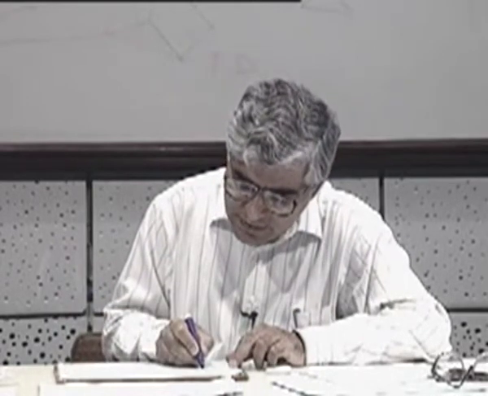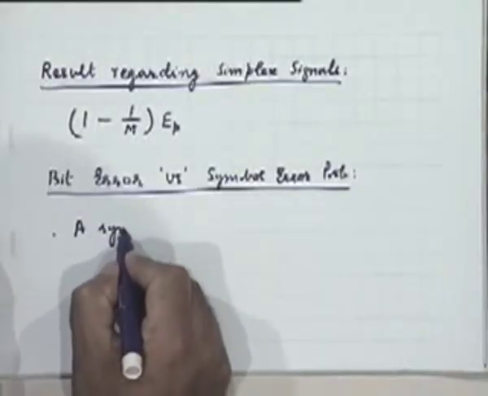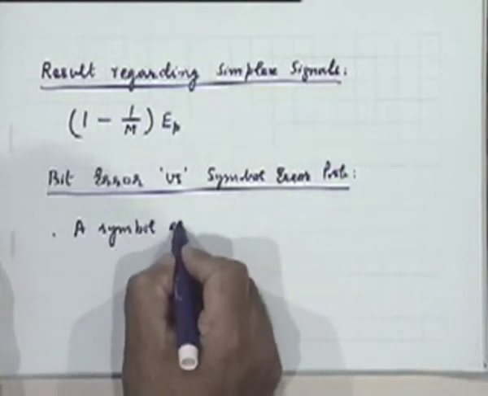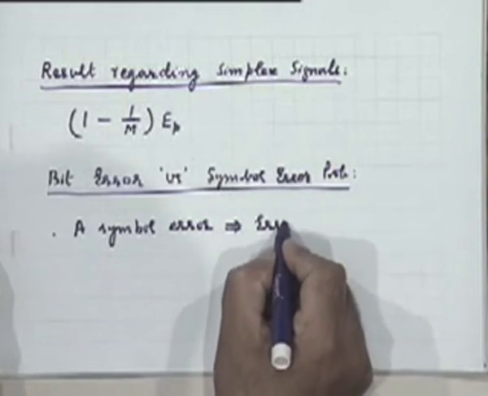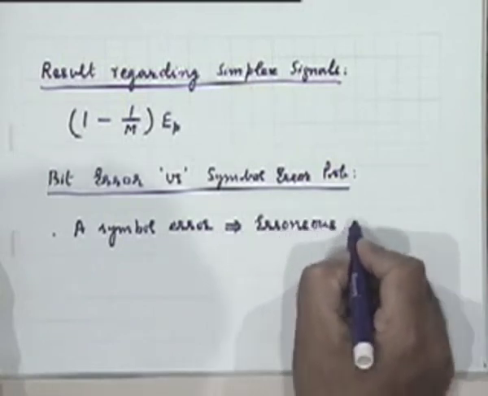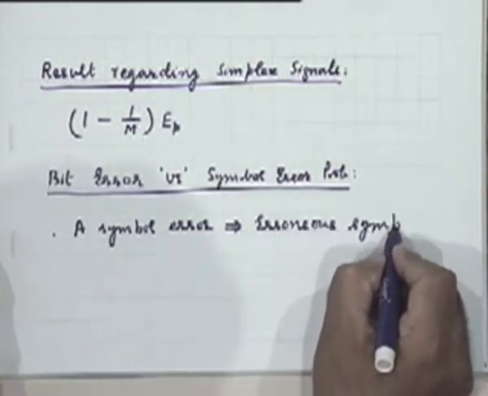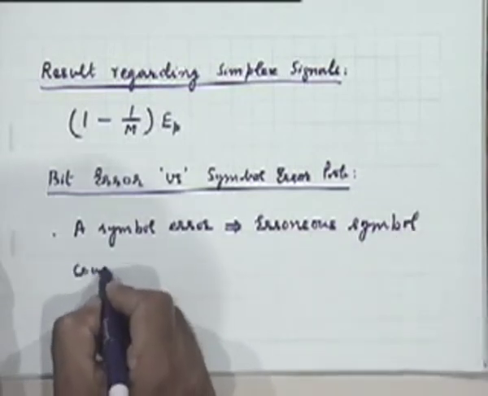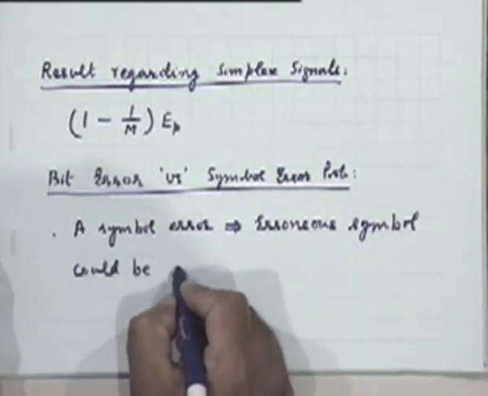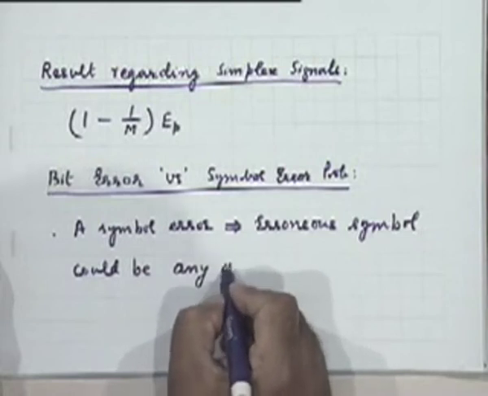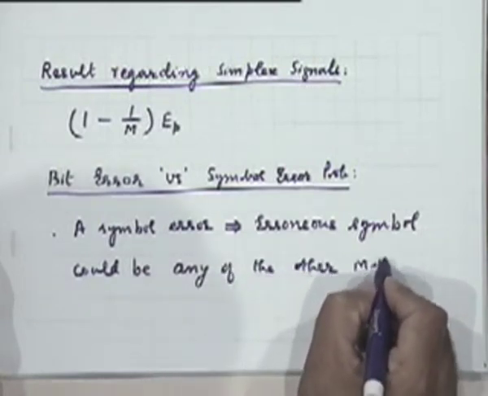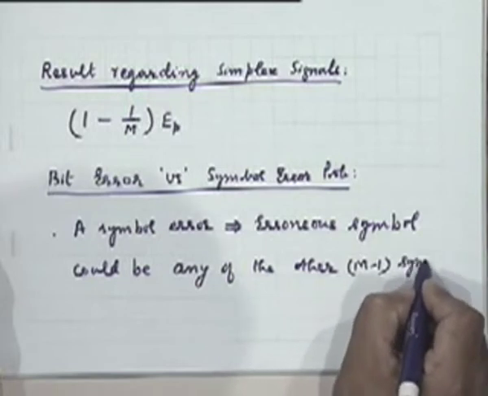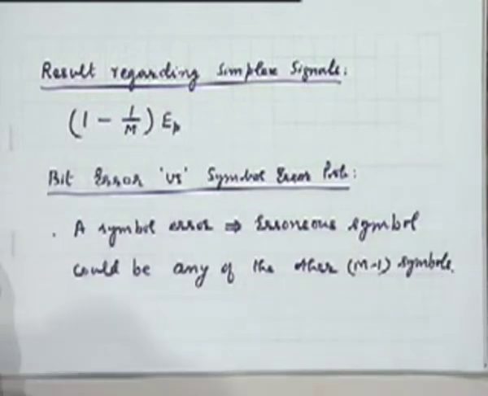That is the first thing to appreciate, right? So a symbol error implies the erroneous symbol could be any of the other M-1 symbols, right?